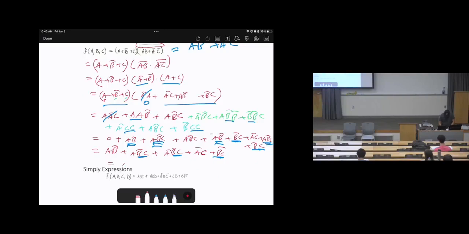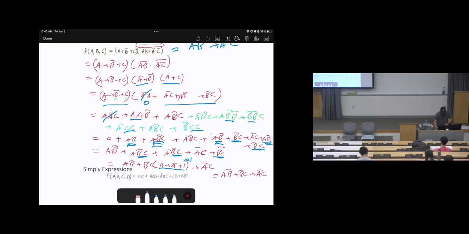So it will be A B bar plus B bar C times A bar plus 1, plus A bar C. Then this term, of course, will be 1. As a result, it will be A B bar plus B bar C plus A bar C.